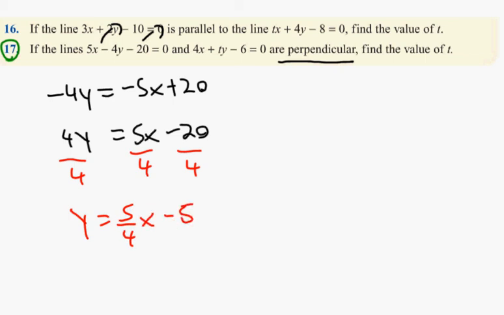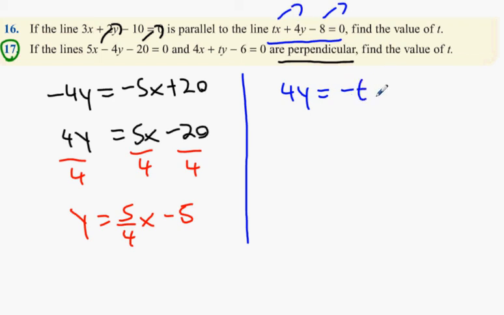Now, do the same thing for this one here. And what do we get? The one I underlined in blue. So 4y equals minus tx plus 8. Divide by 4.